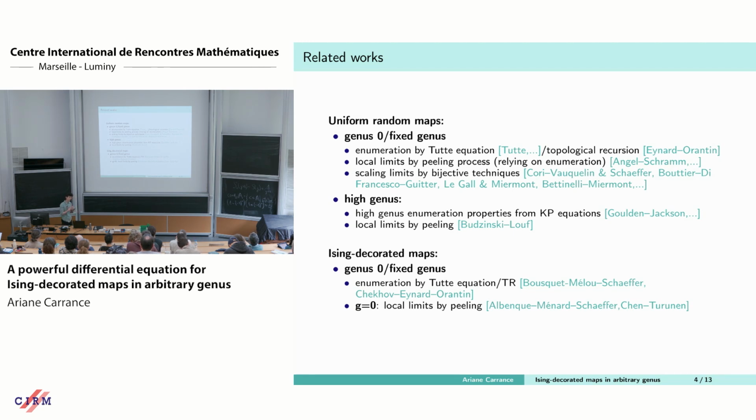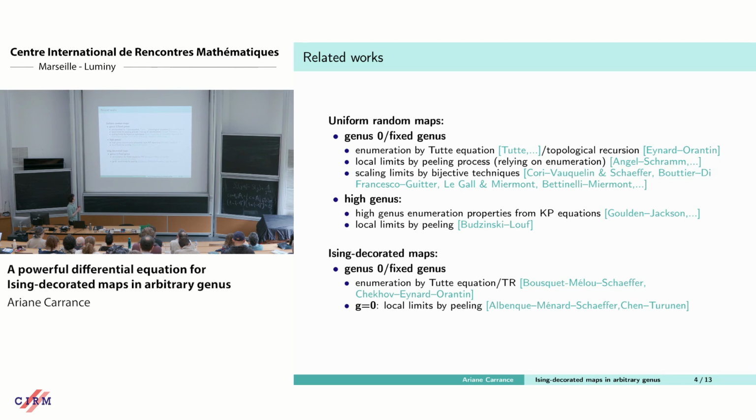If you want to look at asymptotic behaviors in a more probabilistic flavor, you have two types of limits that I'm not going to define. One is a local limit that relies very heavily on the enumeration results just above. And the other is scaling limits, which relies not only on these, but also on bijective proofs of these enumeration results.